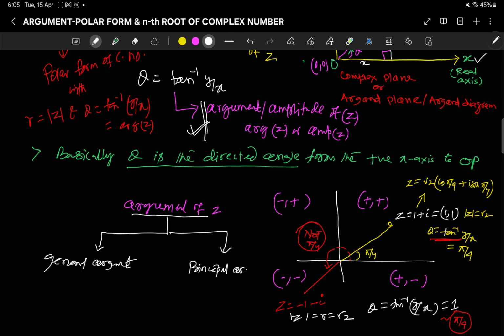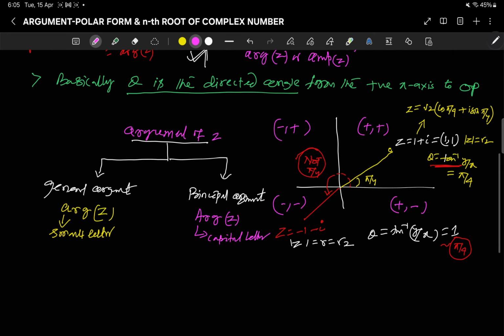The principal argument is denoted by capital A, R, G, Z, while the general argument is written with small a, small letter, a, r, g, z.